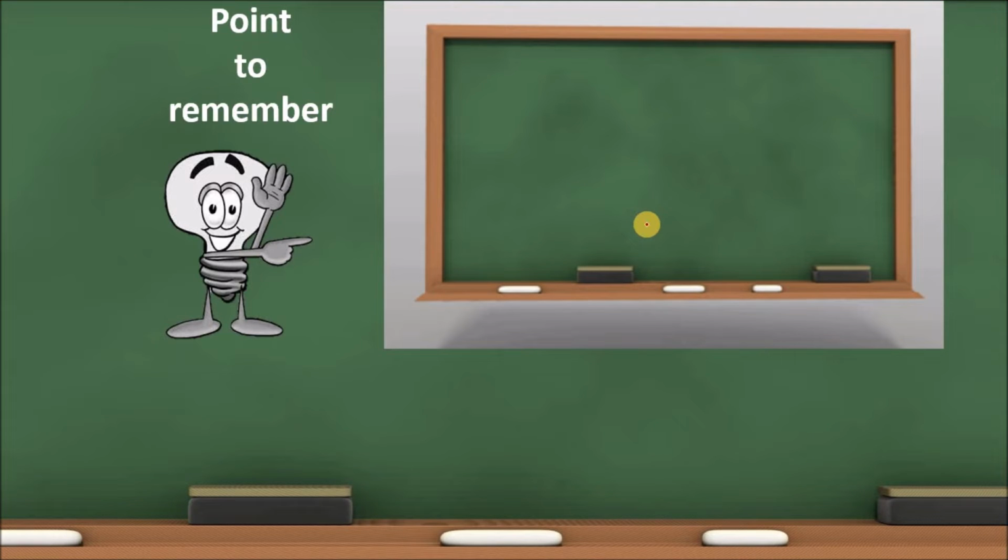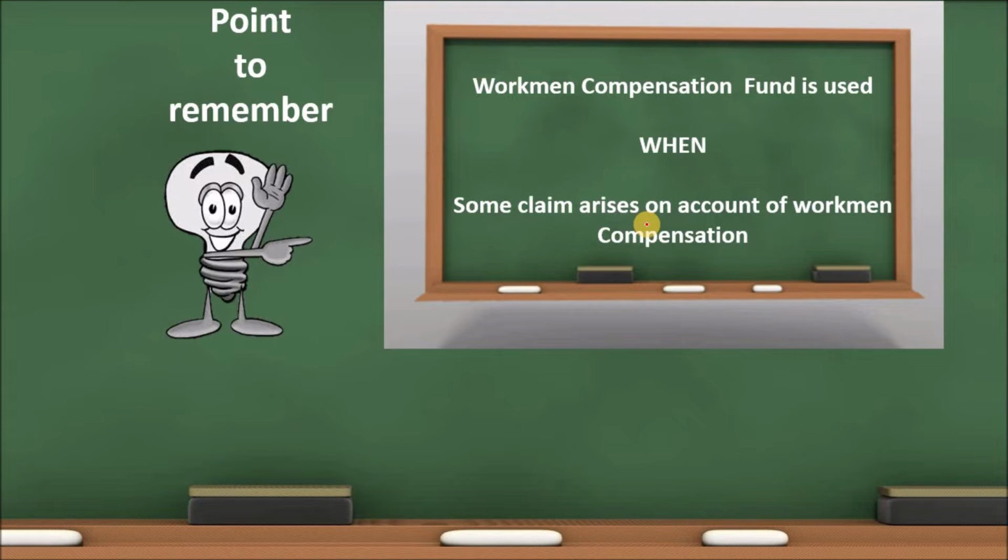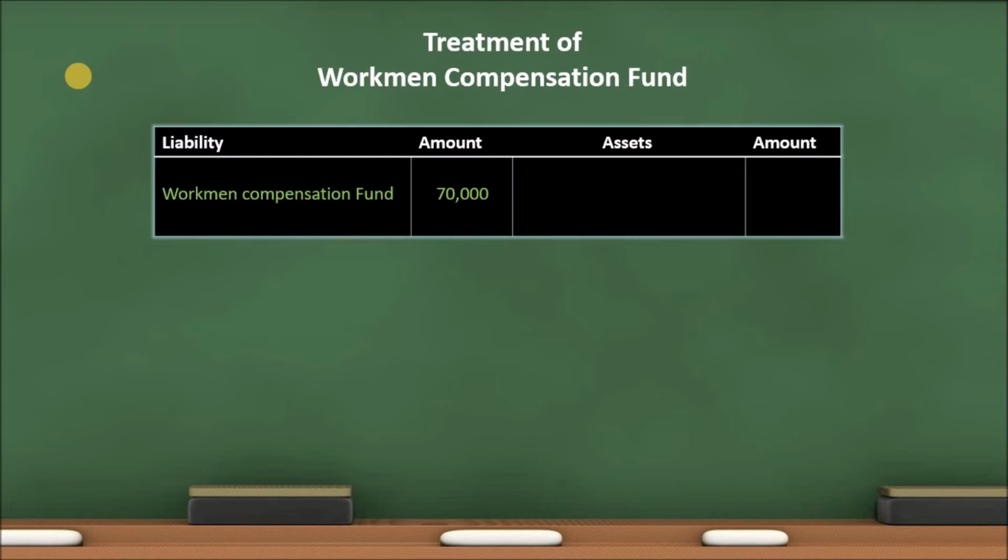Now the important thing to remember here is workmen compensation fund is used when some claim arises on account of workmen compensation, and if there is no claim, this fund will be distributed at the time of admission of the new partner. So let us do different cases of treatment of workmen compensation fund.